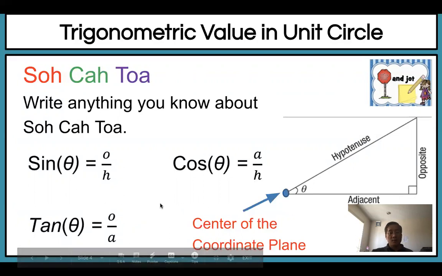If you know all three sides, you can get the trigonometry value for that angle, right? The trigonometry is the ratio of two sides in the triangle. Especially, we are dealing with only the right triangle here.